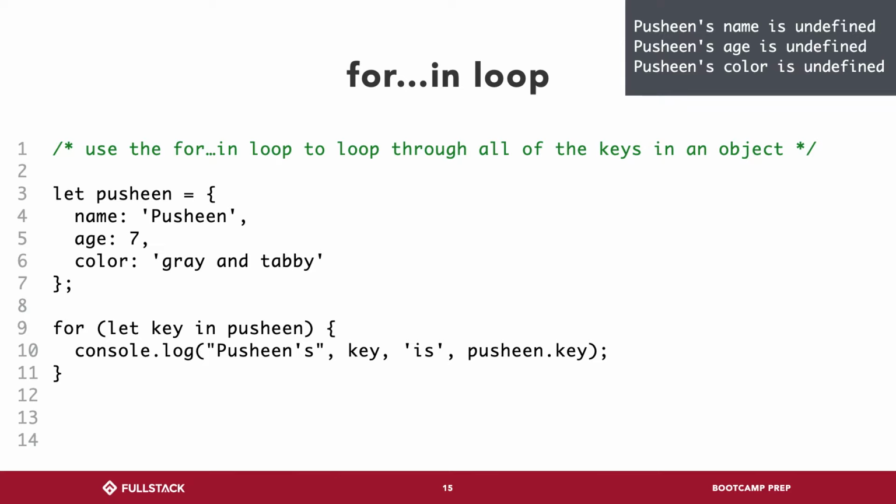But if we do dot key, it just looks for the property key every time. So don't use dot notation in for in loops, really, unless you're referencing something else in another object you're not looping through. You have to know what this is every time, and it can't be changing.